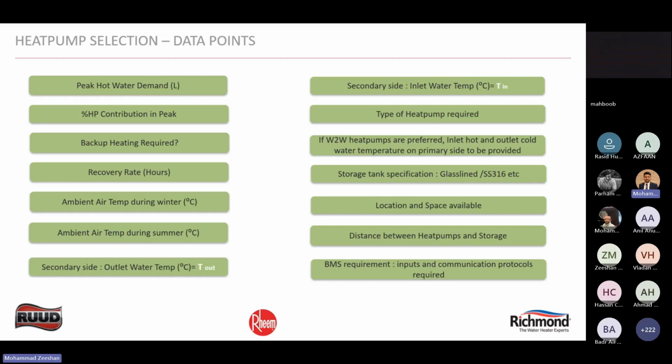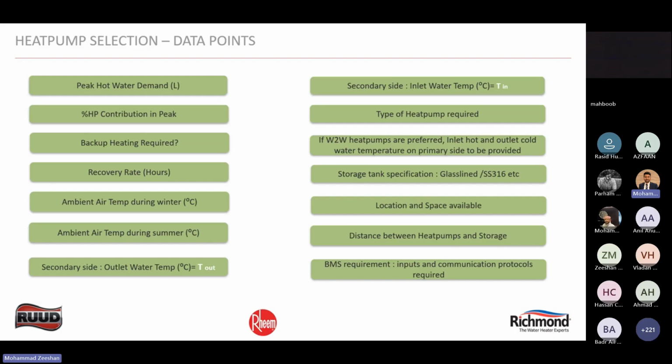We ask where this project is. For example, Saudi Abha is a very cold area, and Riyadh is so different. We ask this to understand where the units are installed, so we know what performance to look for in our heat pumps.